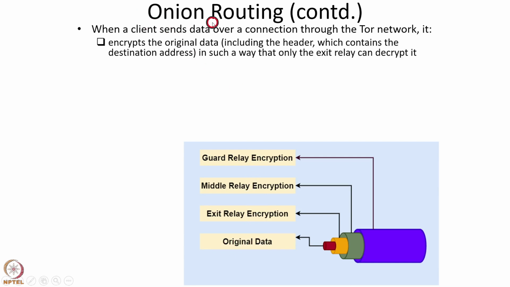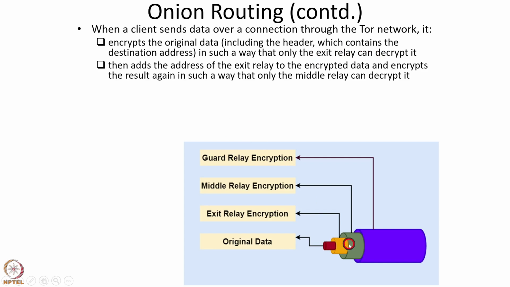When a client sends data over a connection through the Tor network, it encrypts the original data, which includes the header, which contains the destination address, such that only the exit relay can decrypt it. So that encryption is shown here by the yellow layer. So this is the exit relay encryption. The original data plus the header, which contains the destination's IP address, is encrypted using this exit relay encryption, so that only the exit relay can decrypt it.